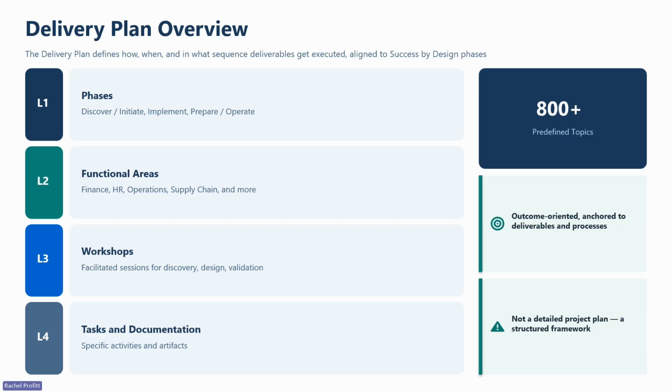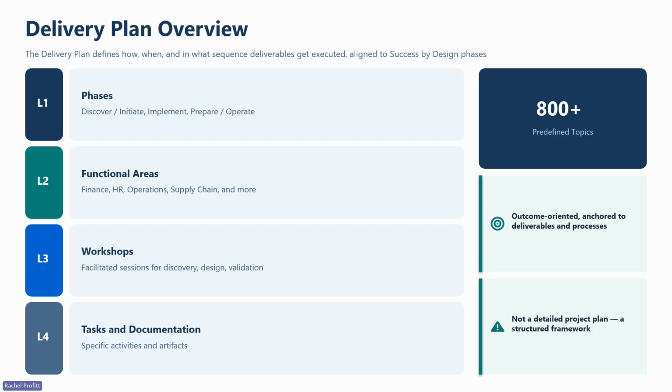Level 3 is where you'll find workshops, which are collaborative sessions aligned to functional areas. We'll talk a little bit more about these in our next slide. And level 4 is where you'll find tasks and documentation. These are the actionable items and deliverables for each of those workshops. You will actually find some tasks and documentation at level 3 as well.